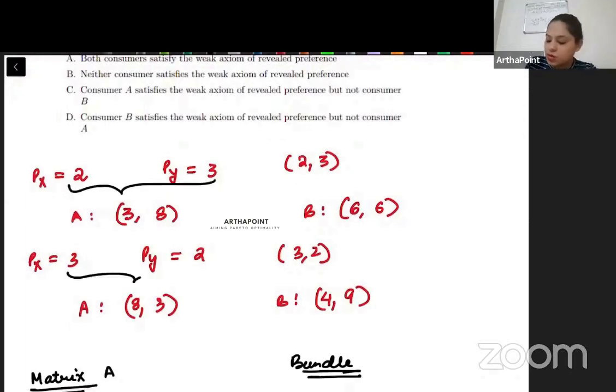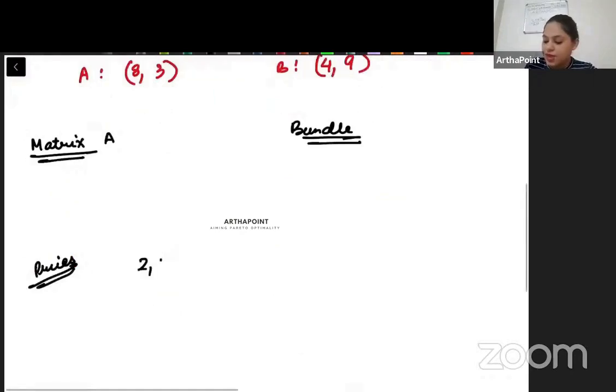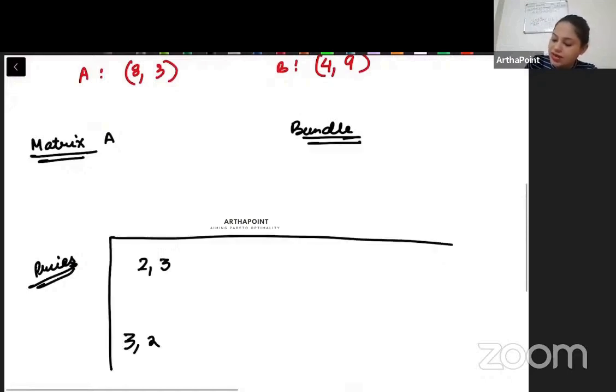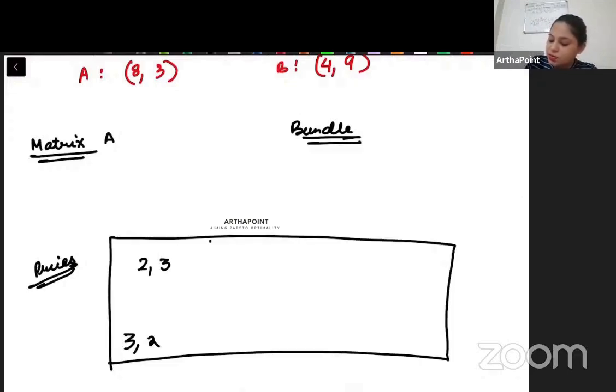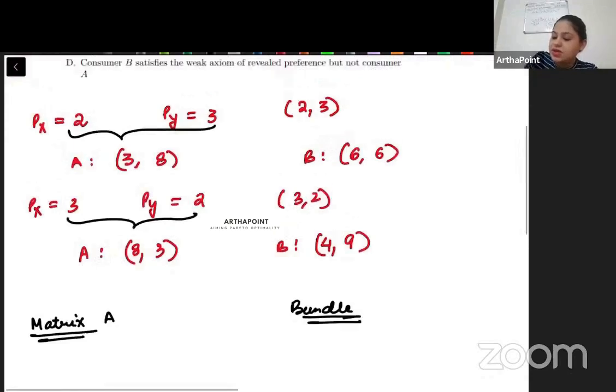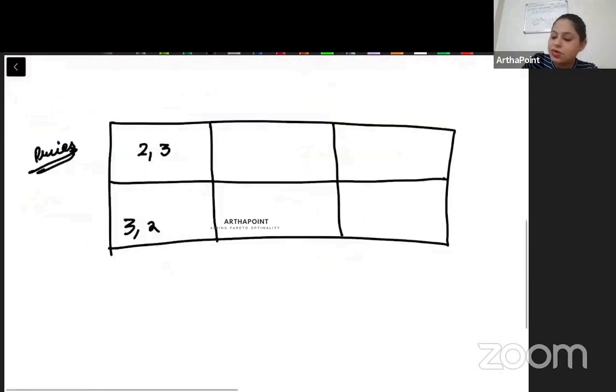So let's write them down. The prices are 2, 3 and the prices are 3, 2. And the bundles that A is going to consume can be 3, 8 or 8, 3. These are my bundles.